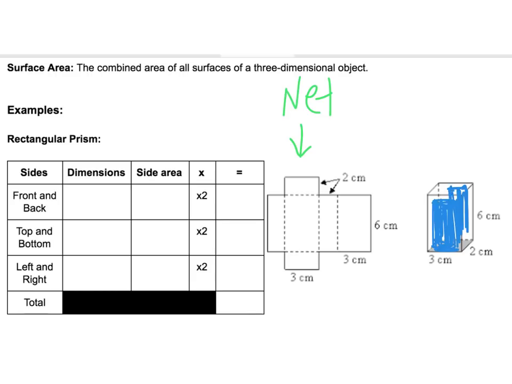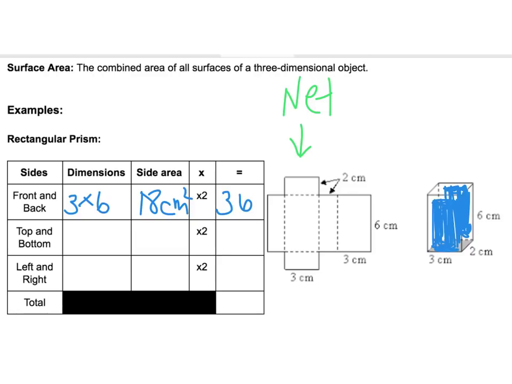And that's something that makes our lives a lot easier because once we know what the area of one side is, we can just double it. So 3 by 6 is our dimensions for the front side. We can double that. Sorry, that's 18 square centimeters. That's going to be important. We can double that to get 36 square centimeters.